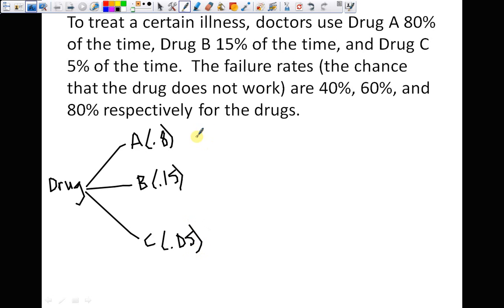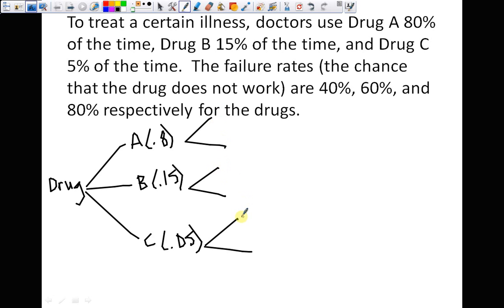Okay. Now, regardless of which one of these drugs are used, there's two things that can happen for each drug. It can either work or it cannot work. So we're given the failure. I'm going to let the top branch of each one of these represent that it works.